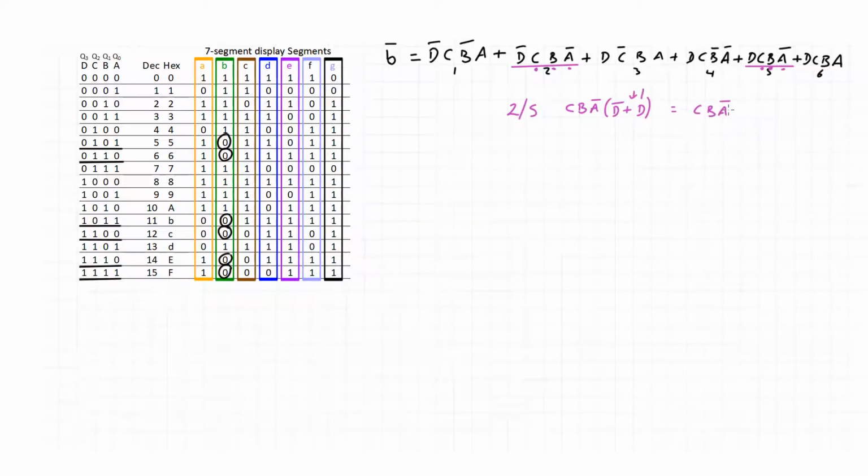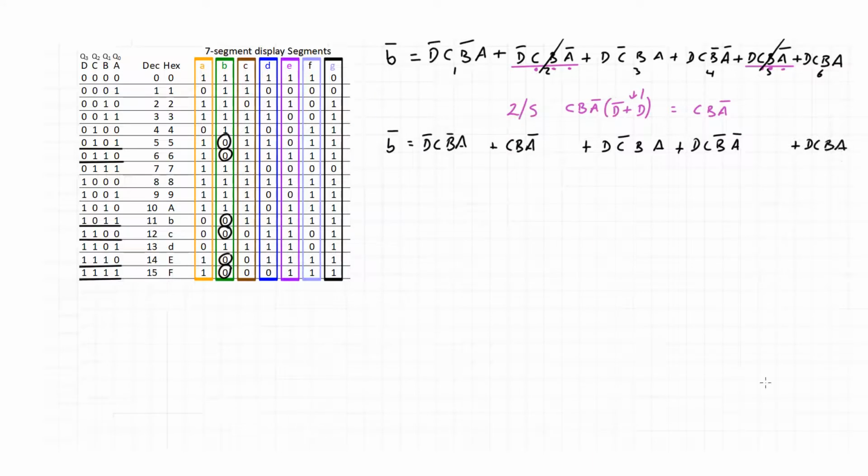So we have C B not A multiplied by 1, because that's D or not D. So write out the expressions again with any changes that we've made. Get rid of those two terms and replace them with the overall output that we created with the complement law. And then write down any existing terms, and look at those for similarities and differences.